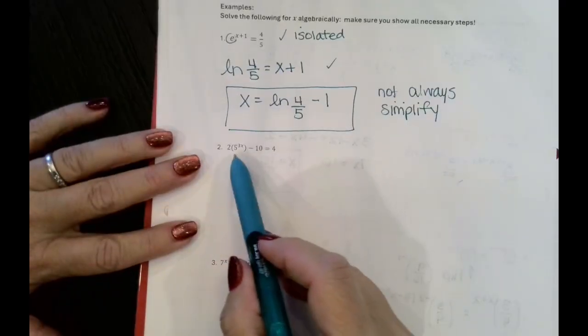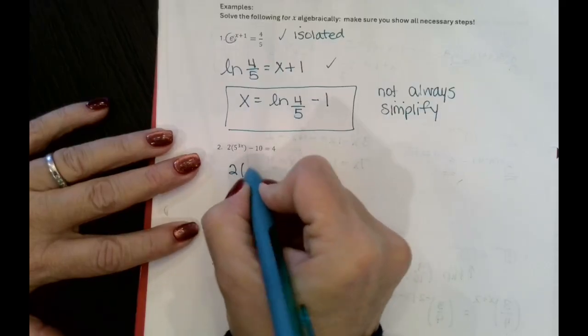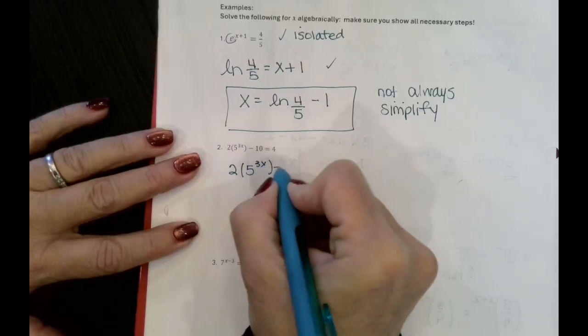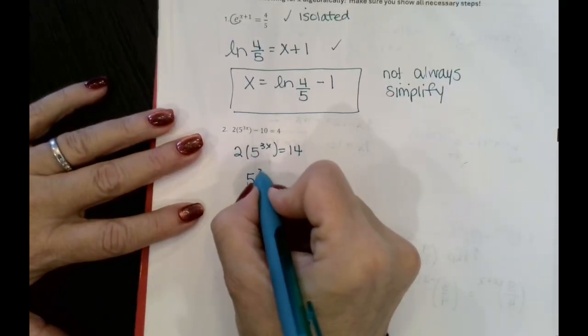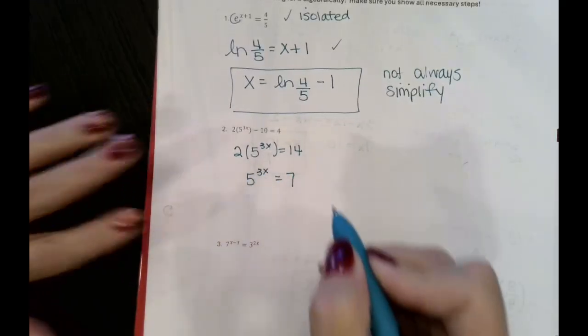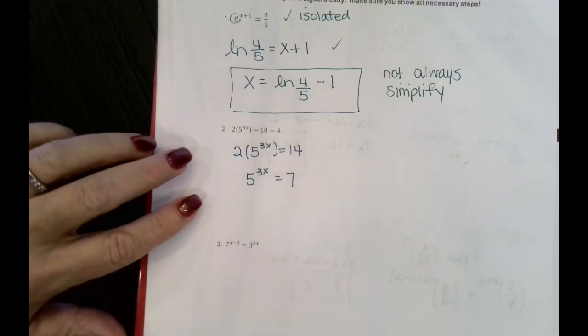So with this one, first thing I want to do is isolate. So if I'm going to isolate, I'm going to add 10 to both sides. Now I'm going to divide by 2. And now what I can do is I can put this in my log form.